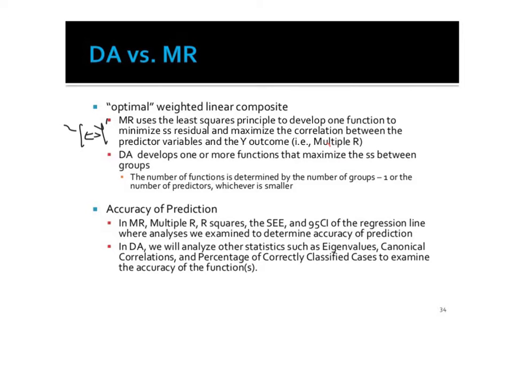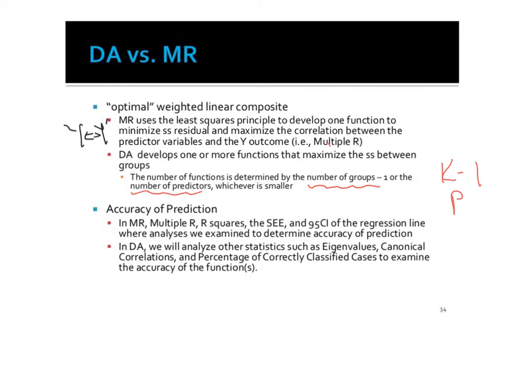And the way that we determine how many equations we're going to make is based on either the number of groups, so k minus 1, or the number of predictors, p, whichever is smaller. In my example, where I'm looking at the differences between masculine, feminine, undifferentiated, and androgynous, I have 4 groups, so that would lead to 3, and I also have 3 predictors, so I'm going to get 3 equations here.